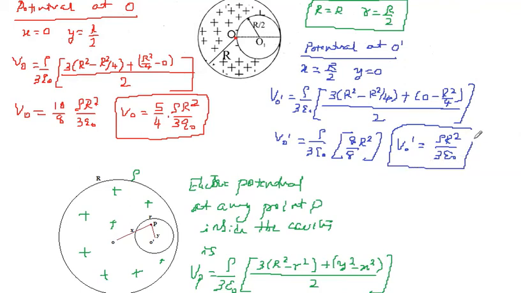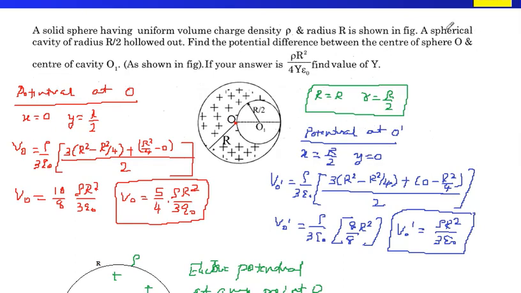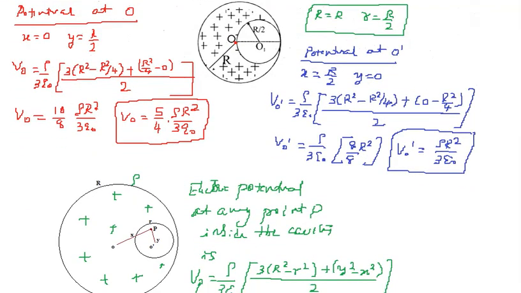This is the potential at O dash, and this is the potential at O. What actually we need to find? We need to find, see here, find the potential difference. Okay, so we need to find the potential difference between center of the sphere O and center of the cavity O dash. So we need to find the potential difference at O and O dash, right?